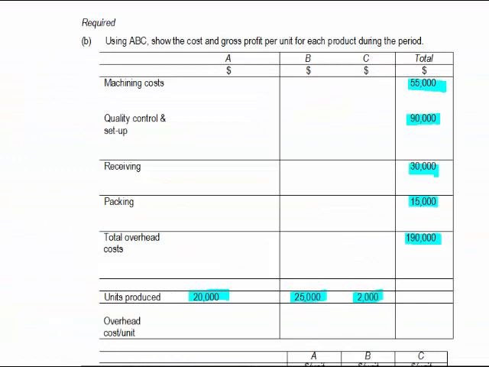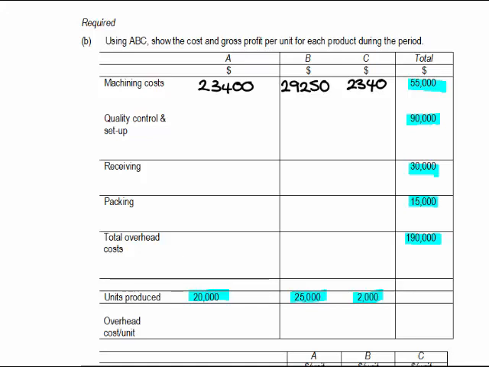So that will be 23,400. If we multiply 0.585 by 50,000, which is the next one, we end up with 29,250, and then by 4,000, 2,340.